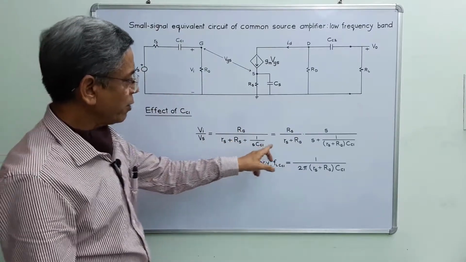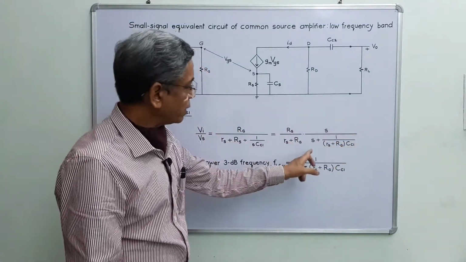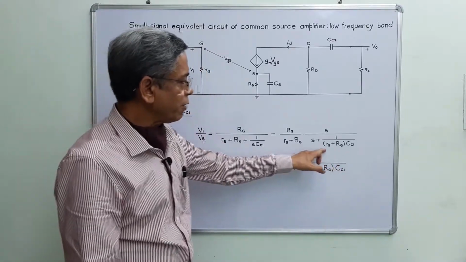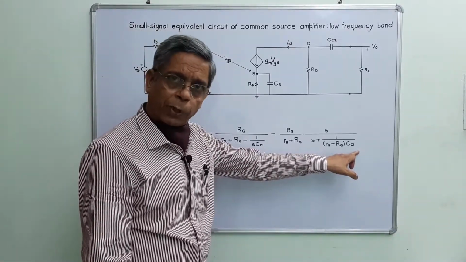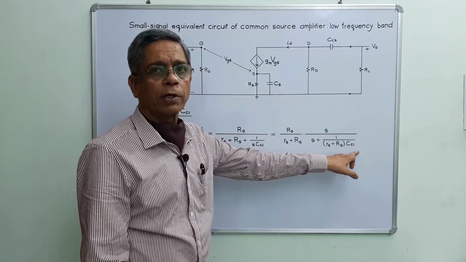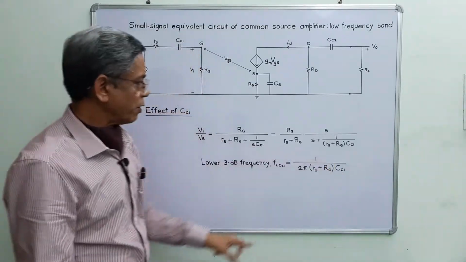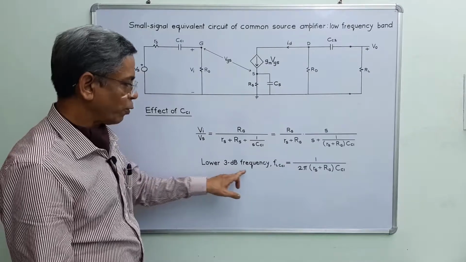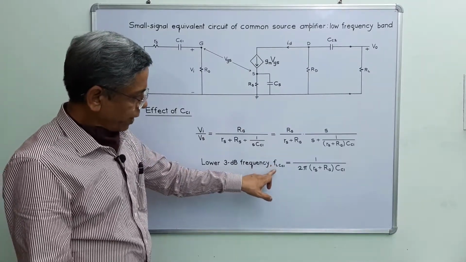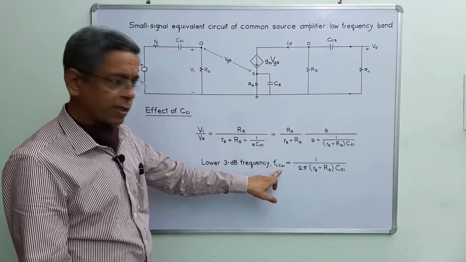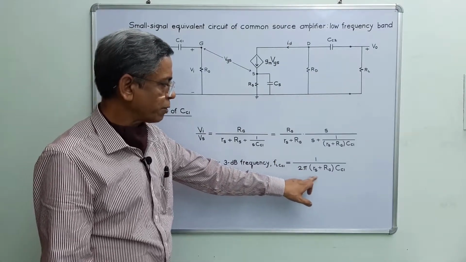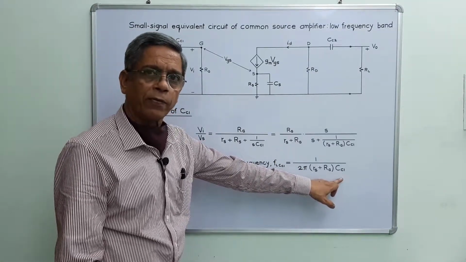After simplification, we get this expression, and this factor is the very familiar expression for transfer function of a first order high pass network. We can write directly the lower 3 dB frequency FL corresponding to coupling capacitor CC1. This is 1 by 2 pi, Rs plus Rg, into CC1.